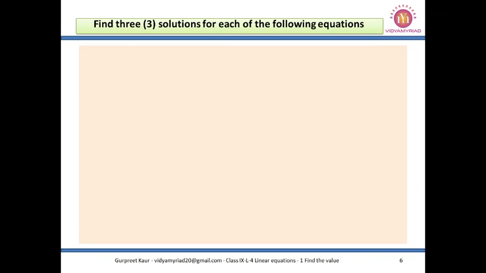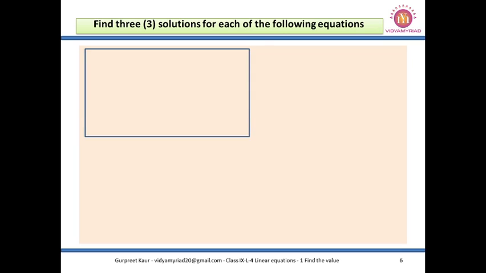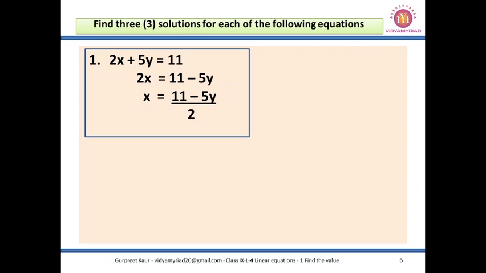Now, let's do another type of question where an equation will be given to you and you need to find out 3 solutions in each case. What you have to do is try to keep one variable on one side so that you are able to equate them. Like I have written x is equal to (11 minus 5y) upon 2.